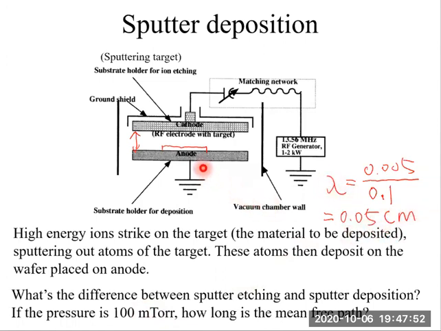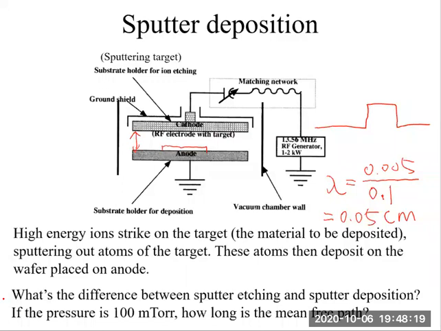So is sputter deposition line of sight deposition? No, it is not. It will experience multiple collisions. Let me draw another figure. Let's assume this is a substrate which has a step.